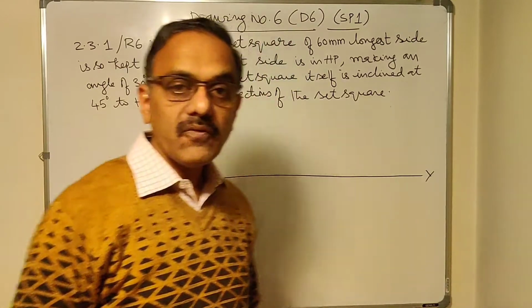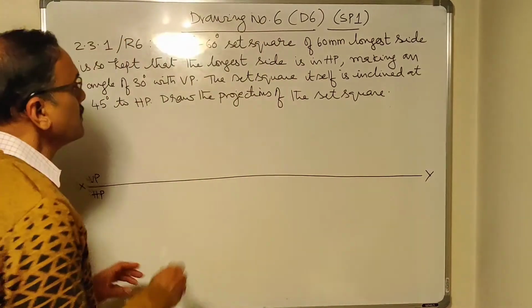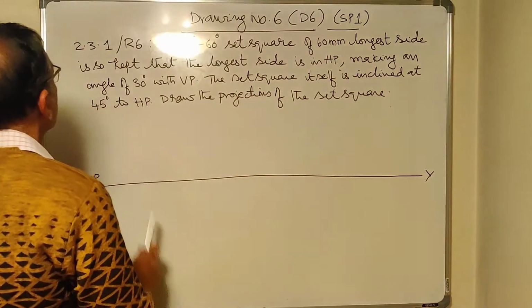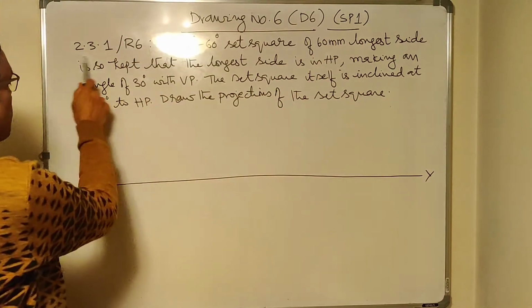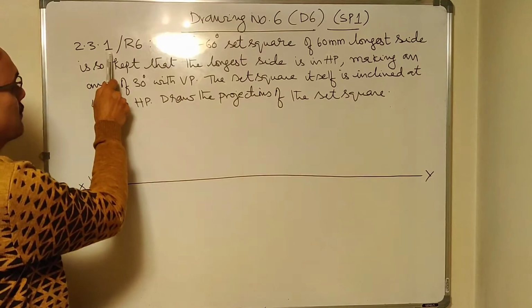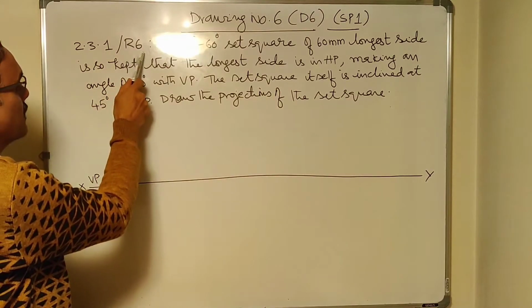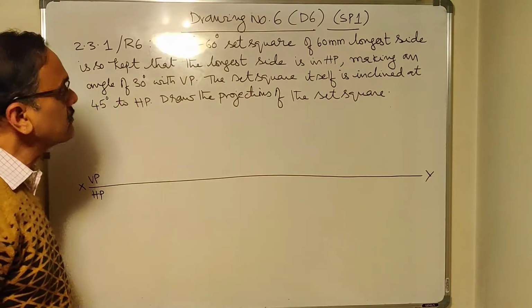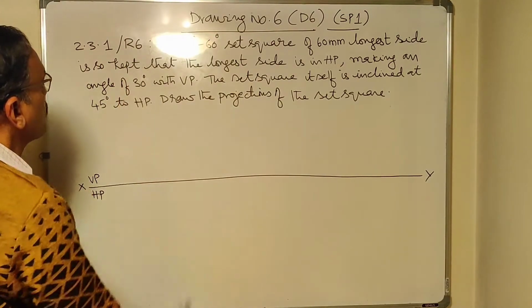You are in drawing number 6, D6 and SP1. The problem number from the CMRT question bank is 2.3.1, and from the VTU question bank it is problem number 6 in projection of planes. This is the reference number from the VTU primer.